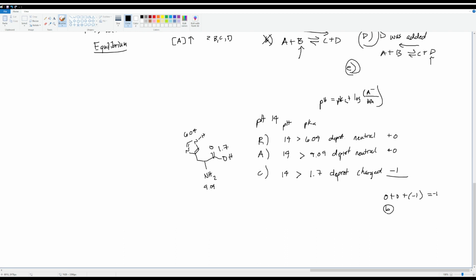And then that's what you multiply. So if you had 80% of your A minus and 20% of your HA and you were dealing with an amine, you would have 80% that are neutral, and 20% with a +1 charge. And so you'd have a +0.2.